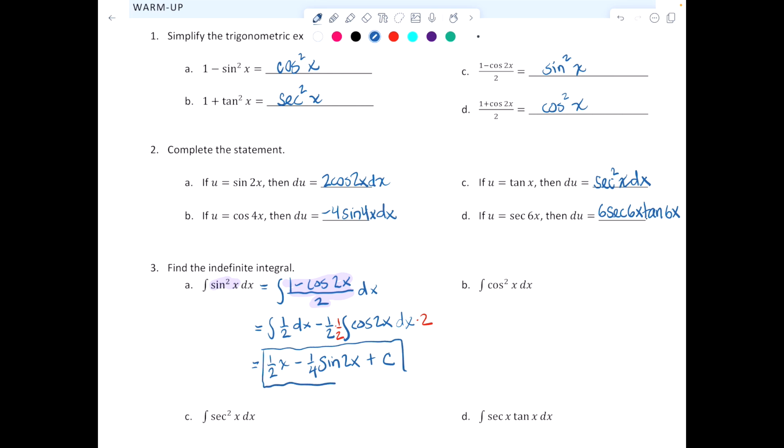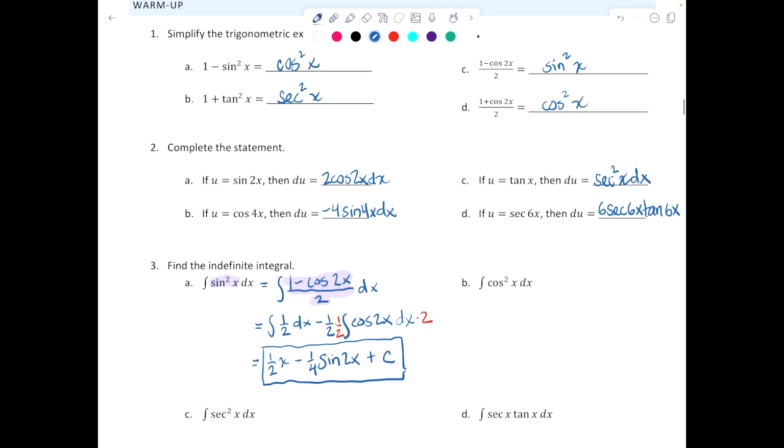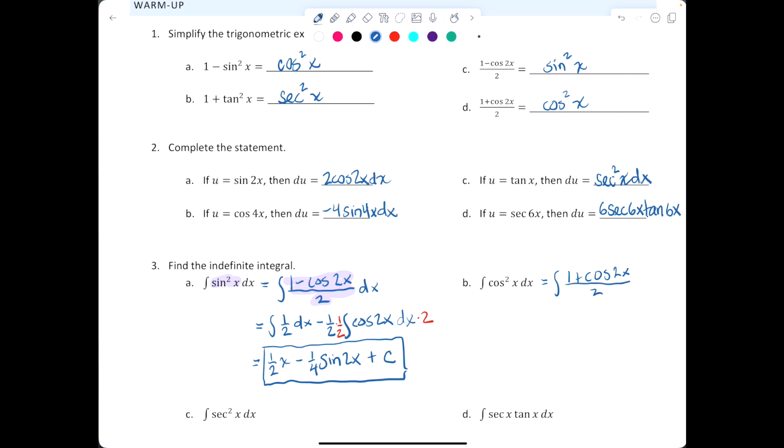Good so far? Now that's just going to be a small portion of the problems coming ahead.